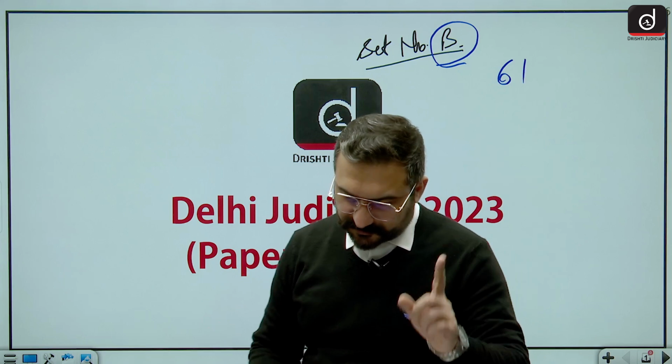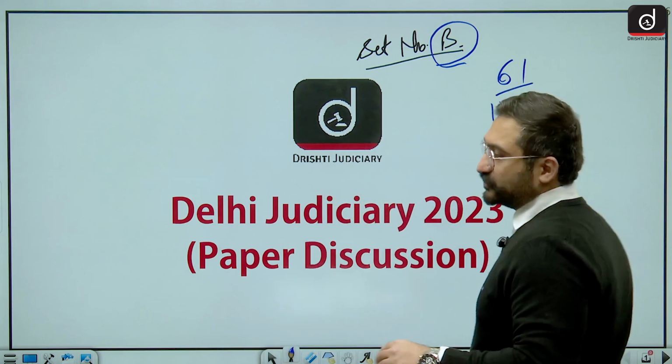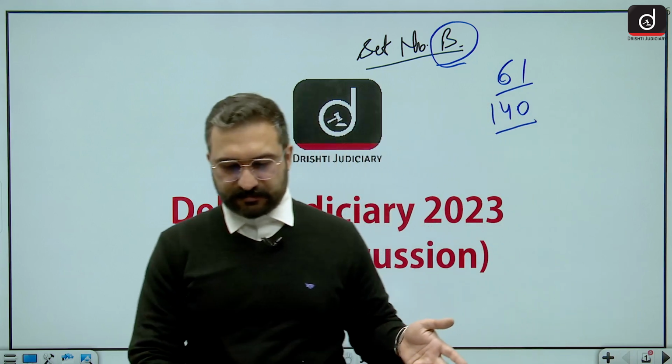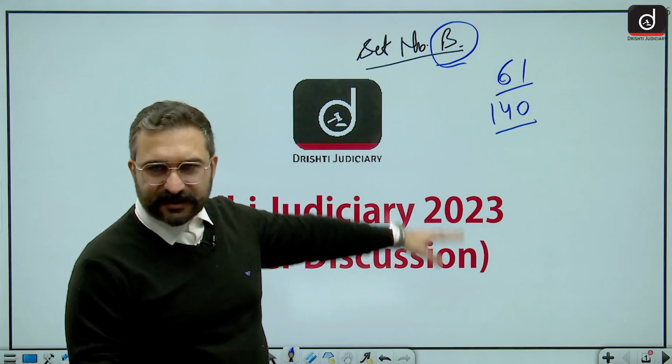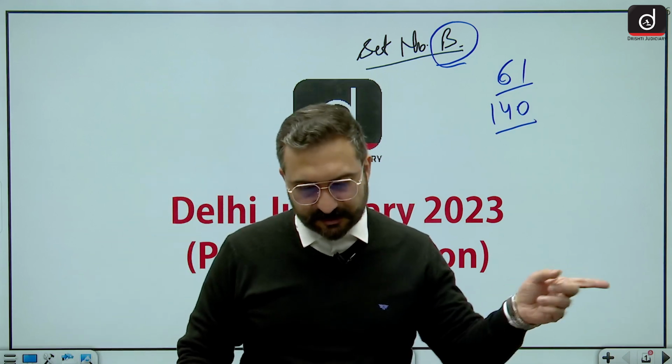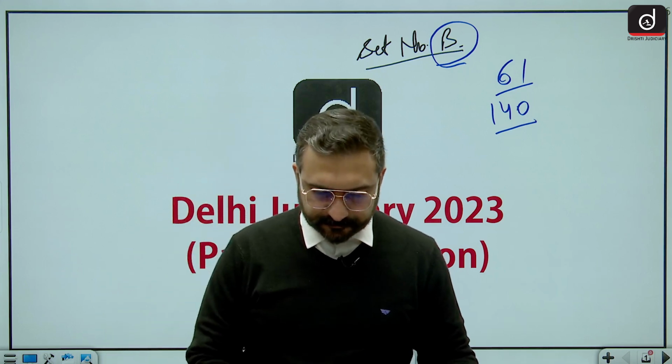Yes, 140. These were not included in the slides, so I would be discussing them before I move with the slide, because in the slide we have only questions pertaining to the four subjects I have told you. So we would be doing these questions first.